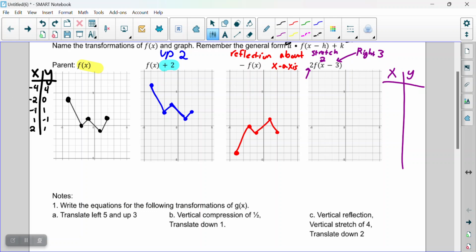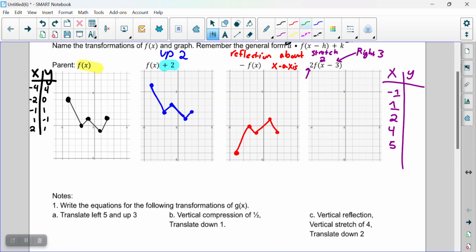So all these x's, I'm going to add 3. -4 plus 3 is -1. -2 plus 3 is +1. -1 plus 3 is 2. 1 plus 3 is 4. 2 plus 3 is 5. All of these x values over here from the OG, from the original, I added 3.